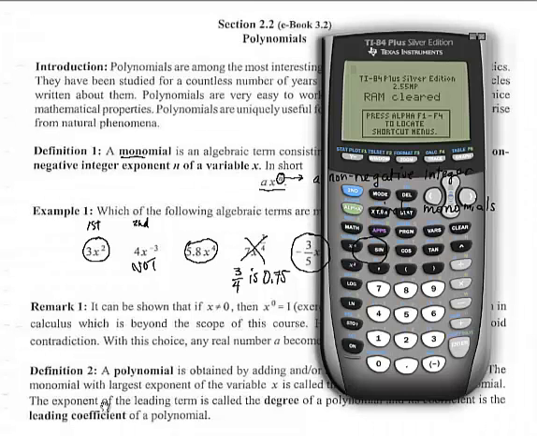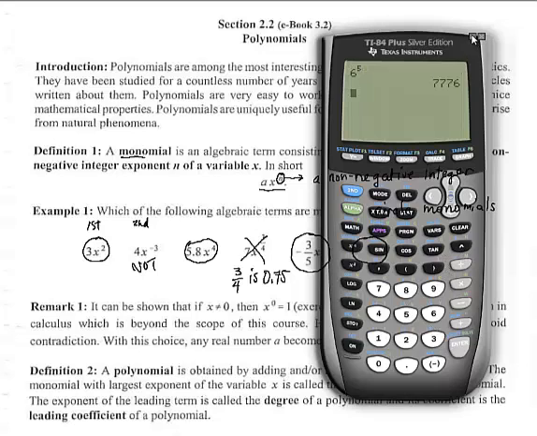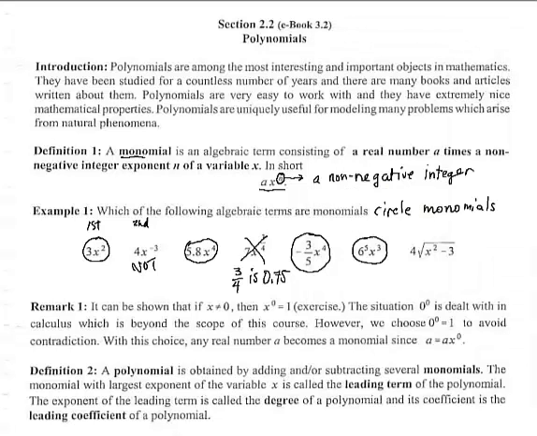I will calculate that real quick. 6 to the 5th power, there, 7,776. And then we just simply check our exponent, 3. It's positive, and it's an integer.